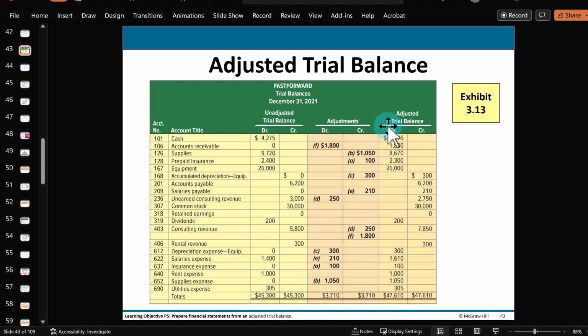And here's where we want to end up with these balances after adjustments. So in between the 2 trial balances are our adjustments. And to help figure out what the amount of those adjustments should be, we lay everything out on this worksheet.